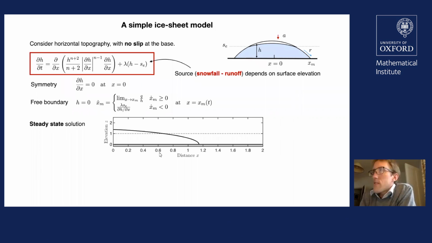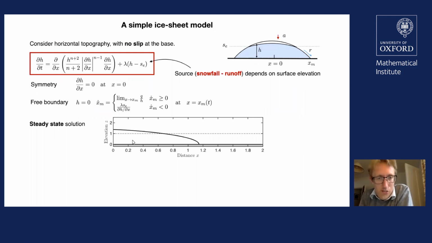But it turns out this solution is unstable. And that's basically because of the fact that dH/dt is proportional to H. If you make the ice slightly thicker, then you'll have more of the region above the dashed line, and you won't have increased the region below the dashed line as much. And that means the ice sheet is going to continue to grow.